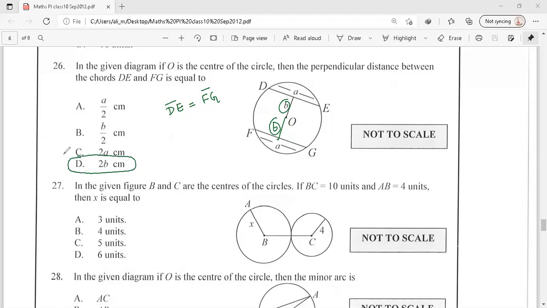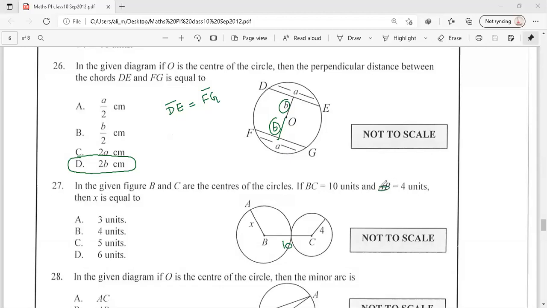In the given question, figure B and C are the centers of the circles and BC is equal to 10. The distance between the centers is 10, and the radius is x, with 4 given, and we have to find the value of x. So here we have a certain typing mistake.